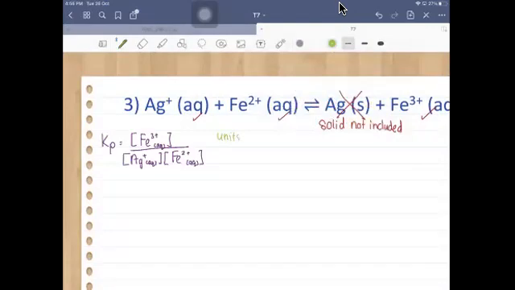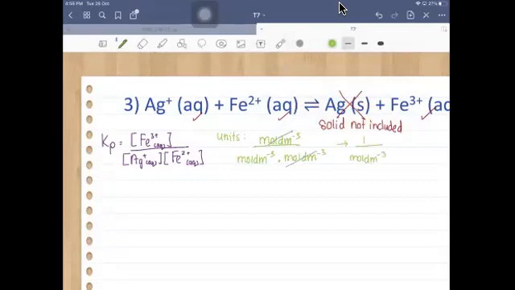Units, top part, I have mole per dm cube. Bottom, I have mole per dm cube square, or if you cannot see that, I will do this, mole per dm cube times mole per dm cube, okay? And then top one cancel with one of the bottom mole per dm cube. So I'm left with 1 over mole per dm cube.